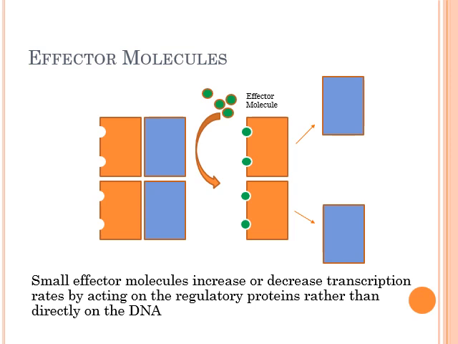So let me give you a few scenarios and see what you think. If I was to have an activator bind to the DNA, what happens to the transcription rate? It goes up. So what happens to the reaction rate of the enzyme it controls? It increases. If I was to have a repressor, what would happen? It would go down, and thus the reaction rate would go down.